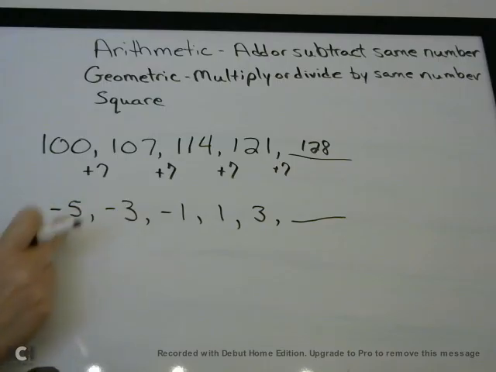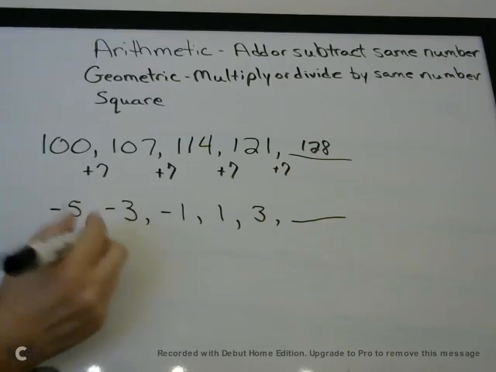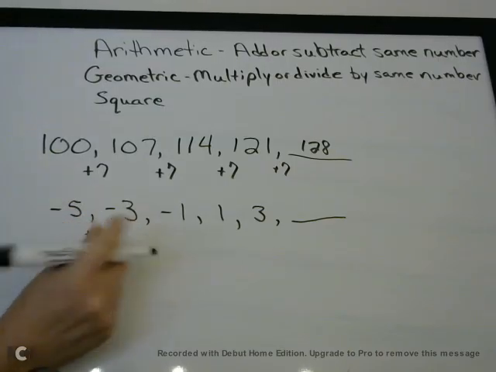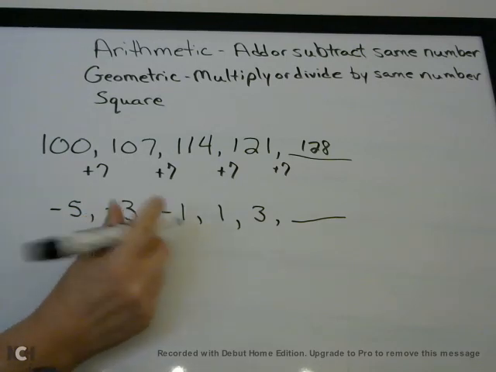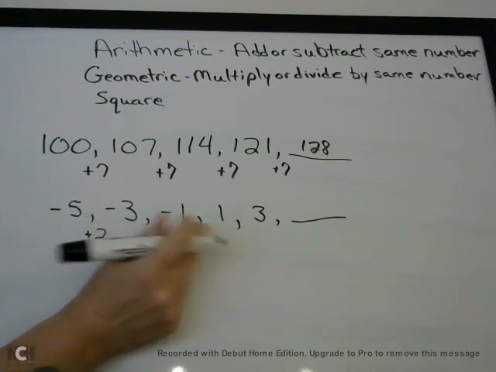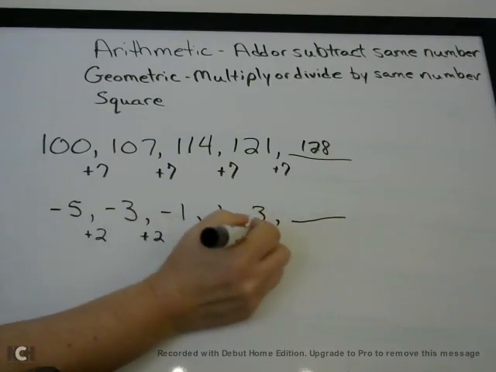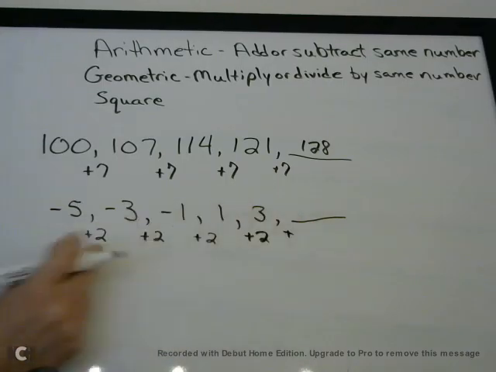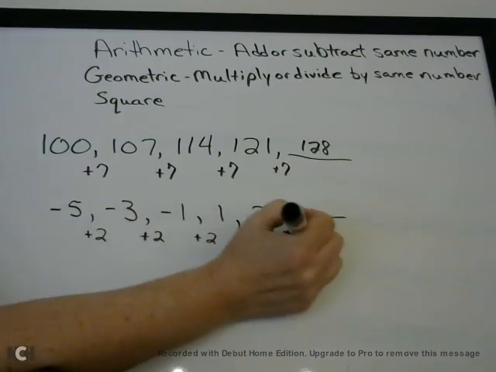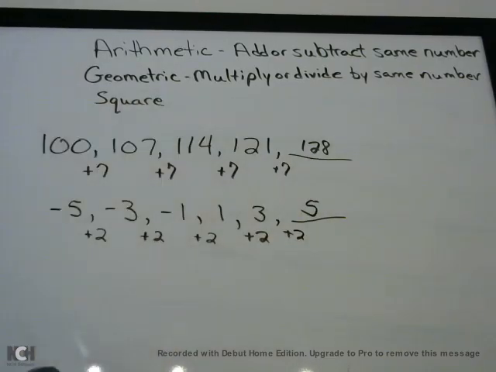To go from negative 5 to negative 3, you have to add 2. From negative 3 to negative 1, add 2. Negative 1 to positive 1, add 2. 1 to 3, add 2. So since they're adding the same number, we're just going to add 2, and you would get your answer of 5.